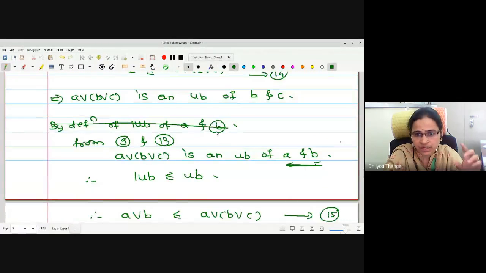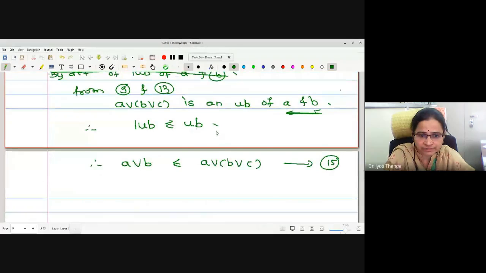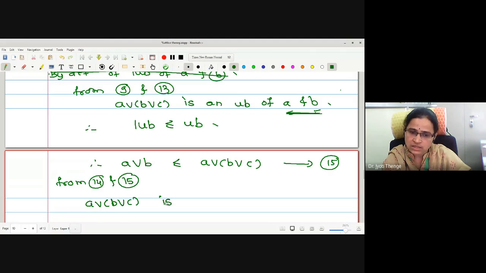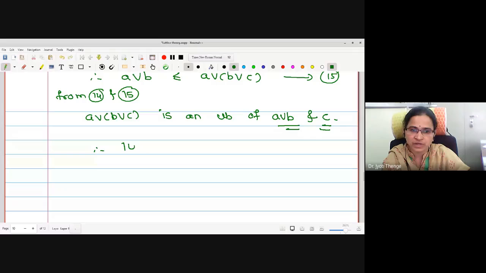Let me recall from 14 and 15, A join B join C is an upper bound. So let me write: least upper bound is less than or equal to any upper bound.